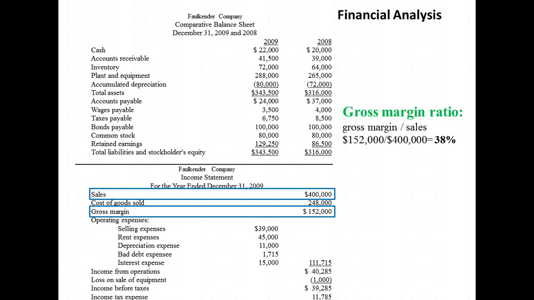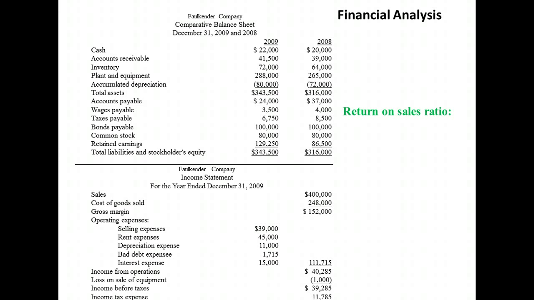The lowest gross margin ratios you'll find out there is generally the grocery store business. They're running really, really low ratios, under 3%, 2%, very, very slim margins there. But you've got to remember, they sell tons and tons of groceries, tons of items every day. So the volume makes up for the smaller ratio.